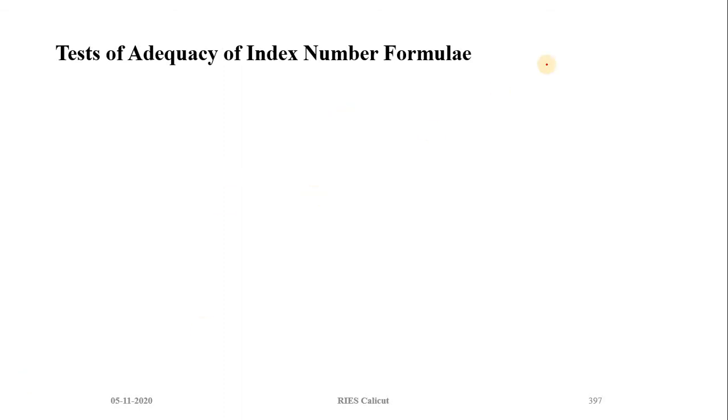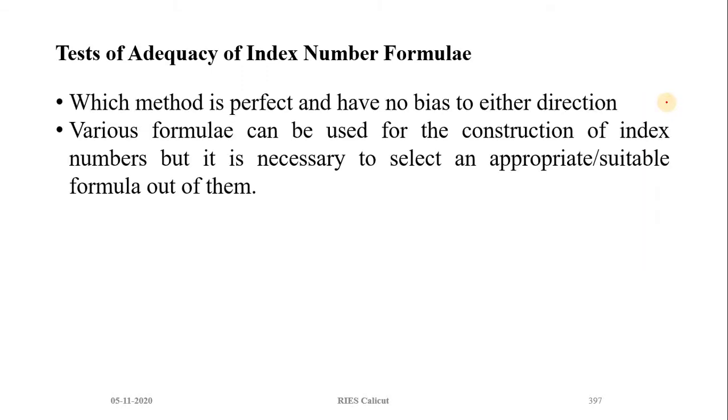Okay, so a question: why are we having so many methods? Because each and every method has certain advantages over some other method. So each method has its own advantages over the other methods.